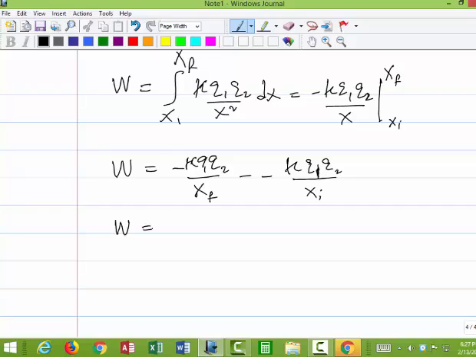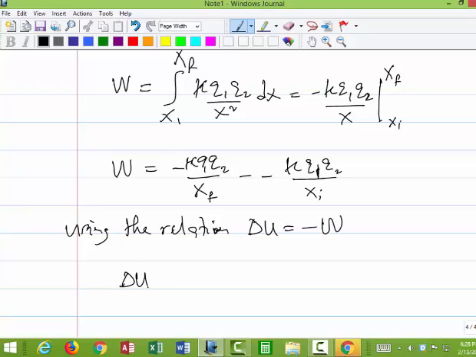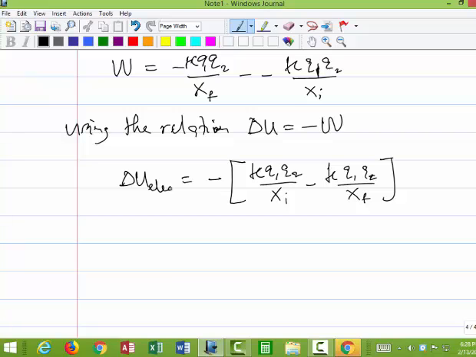So let's convert work to potential energy. Using the relation delta U equals minus W, delta U electric, the electric potential energy, is equal to minus of all this, which is K Q1 Q2 over X initial minus K Q1 Q2 over X final. No, there's an extra negative sign.